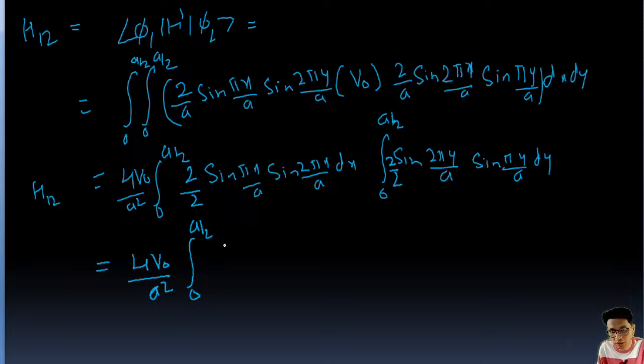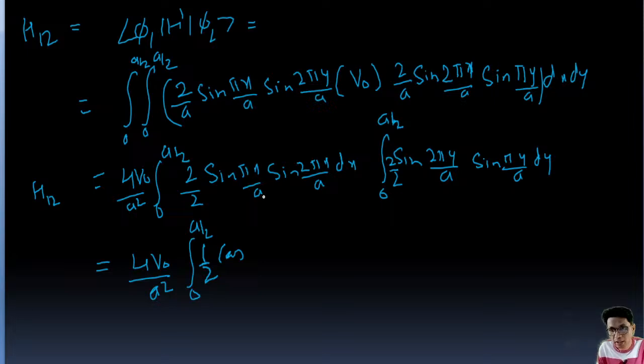Okay, so this is going to be cos a minus b, pi x minus 2 pi y upon a, plus cos a plus b. So I'm not writing like this, I'll write like this. So this is going to be like 1 upon 2 is here.